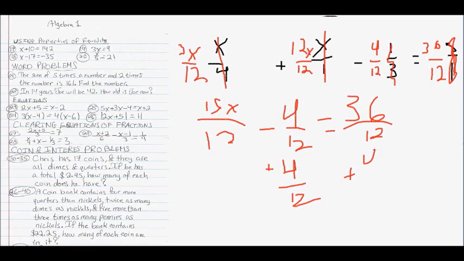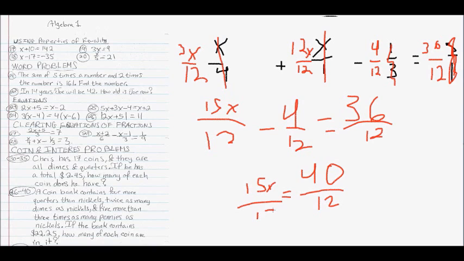What we have to do is add 4 over 12 to both sides. And when we add 4 over 12 to both sides, we get 40 over 12 equals 15x over 12.